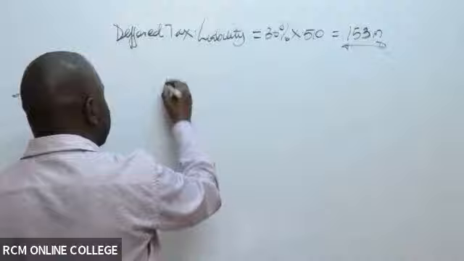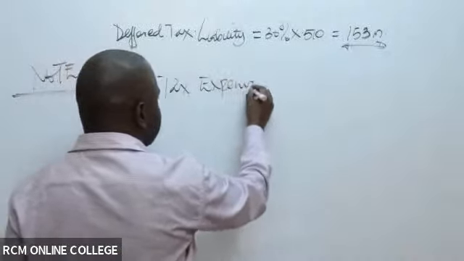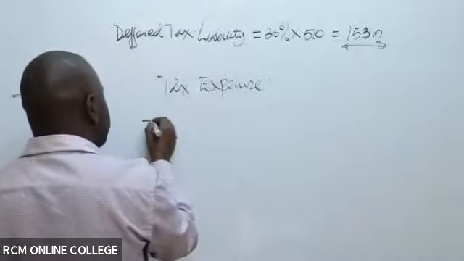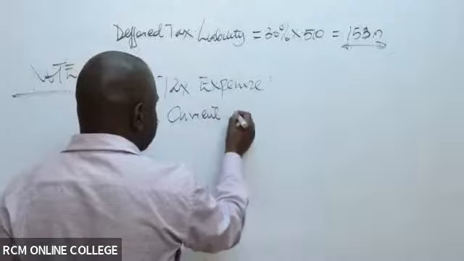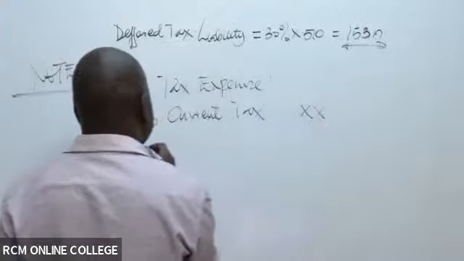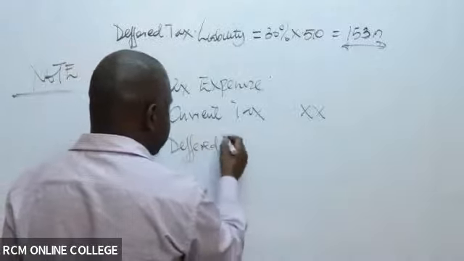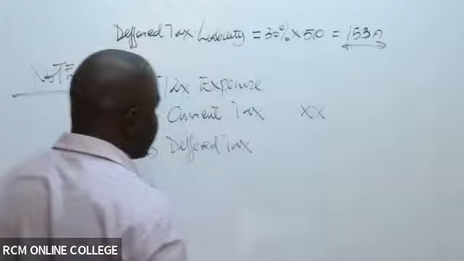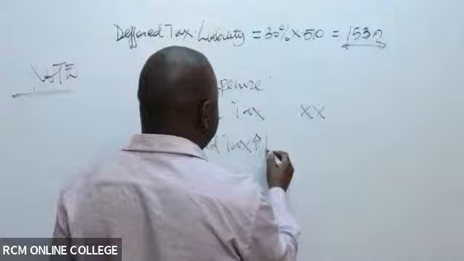It means that the tax expense will be equal to the current tax plus the deferred tax. But of course, this deferred tax can either be a gain or it can be a loss.